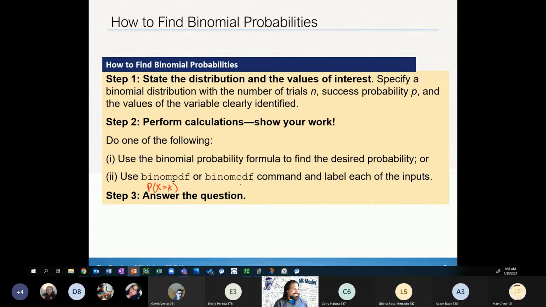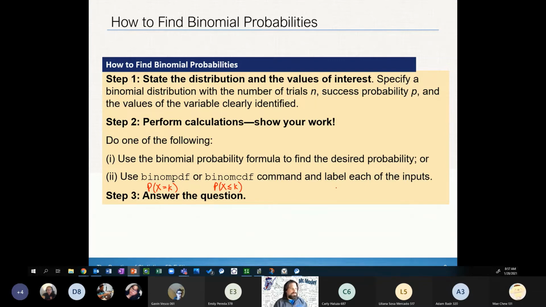The binom CDF command is used if I want to know the probability of x being less than or equal to a value of k. So if I want to know the probability of exactly having 2 children out of 5 that have blood type O, we use binom PDF. If I want to know the probability of having 2 or fewer kids with type O blood, I use binom CDF. So they each have a specific use.